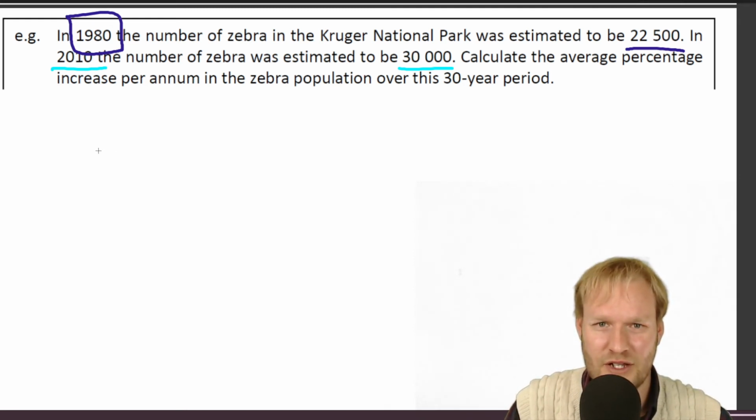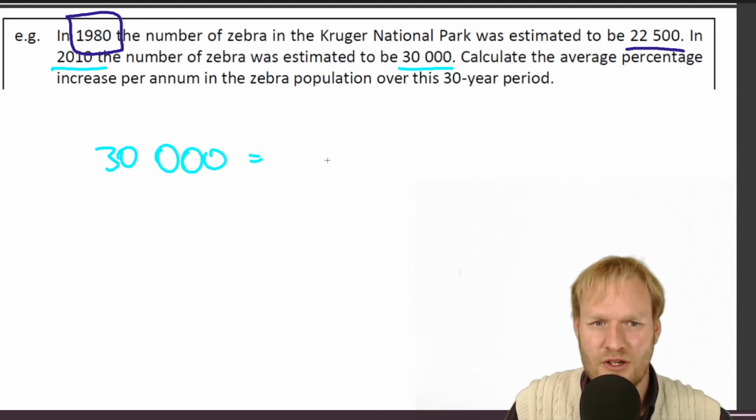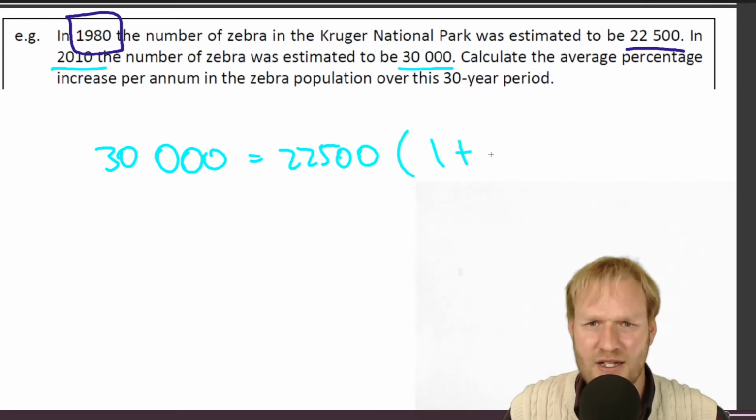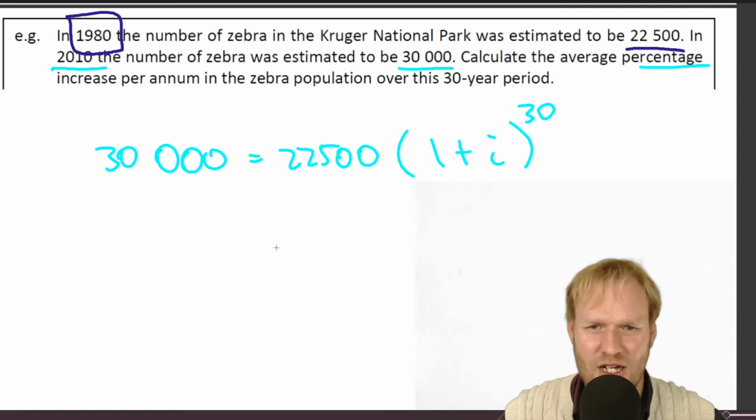This time we know that it grows to 30,000 and that it was 22,500, 1 plus i, and we don't know what i is, over 30 years. So there's your formula that you need to solve. We did a few of these last time where you divide and do some stuff. I'll leave you to do that, so go for it and punch it in the calculator.